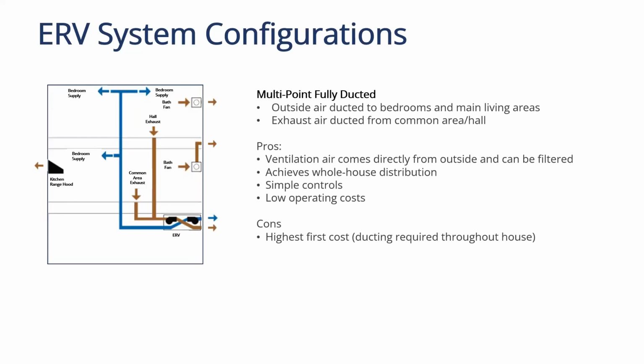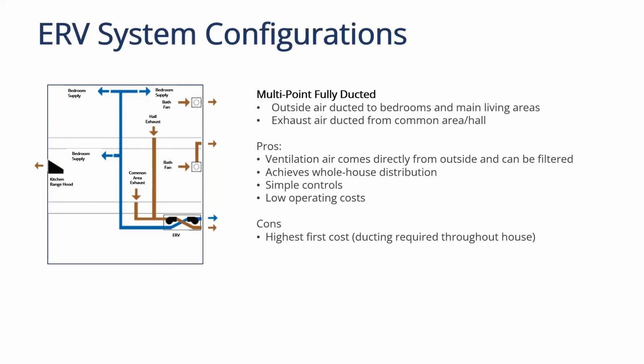The multi-point fully ducted. So this is basically the same thing, in that your ventilation air is coming directly from the outside, but you're supplying it to multiple places within the apartment. So you may have it in all the bedrooms or in the common areas there. And then you're bringing back the exhaust also from a common area, either a hall or a common space within the apartment.